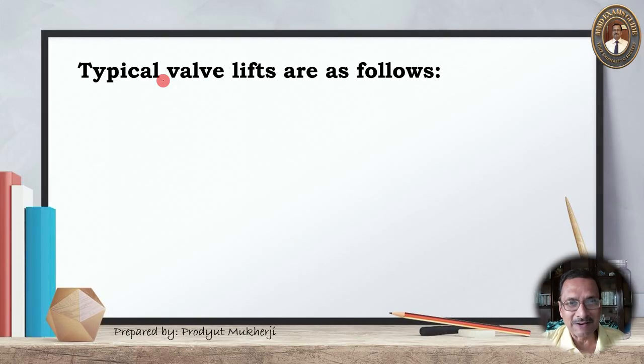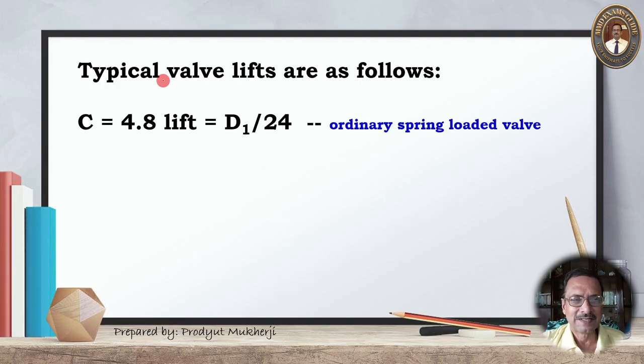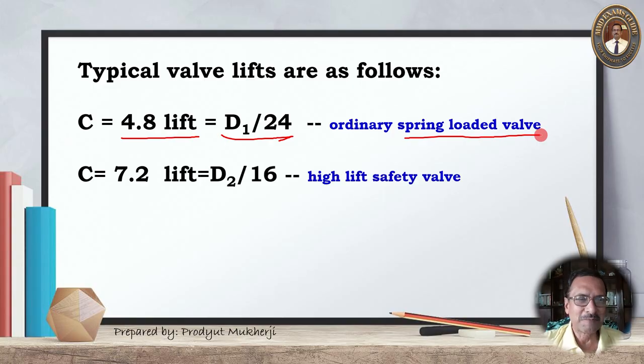So typical valve lifts are as follows, depending on what type of safety valve we are dealing with. C will be 4.8, lift will be D1 by 24 for an ordinary spring loaded safety valve. C will be 7.2, then lift will be D2 by 16 for a high lift safety valve.